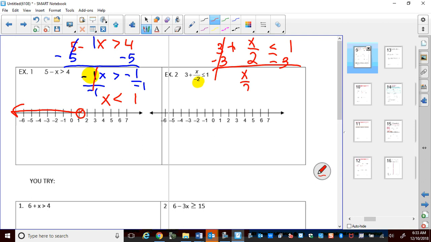X over 2 comes down, inequality comes down, negative 2 comes down, multiply by 2 on both sides. Sorry, my negative 2 on both sides, and that's when my symbol flips, and I get x is greater than or equal to positive 4. So this is filled in, and all the values greater than or equal to this are to the right.